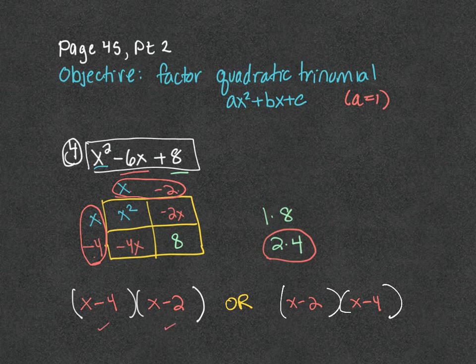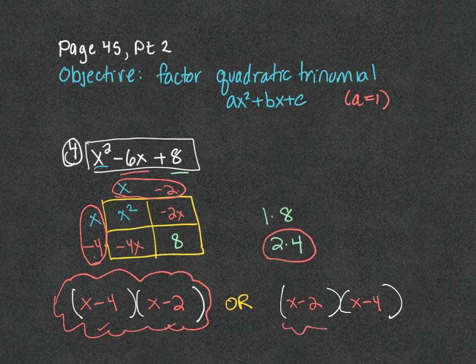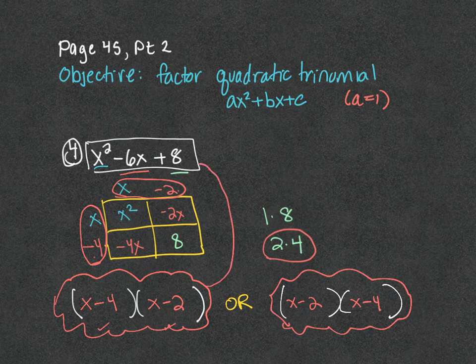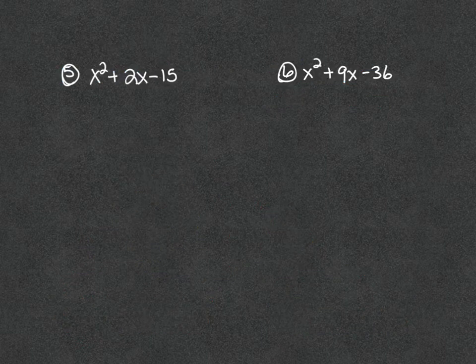Okay, both of these are correct answers, this one and this one, because when we multiply them back, we would end up with this quadratic trinomial. Okay, so let's continue on to look at problems 5 and 6.